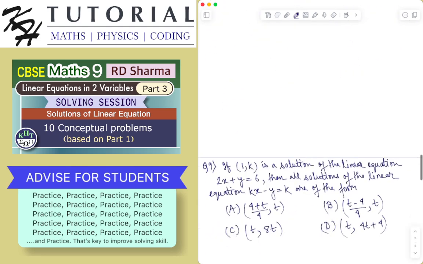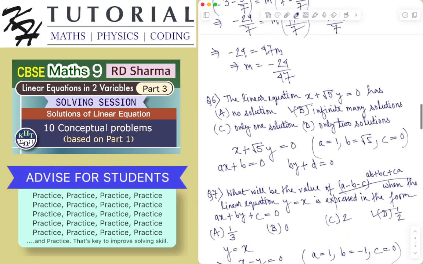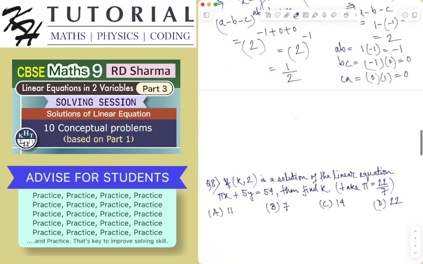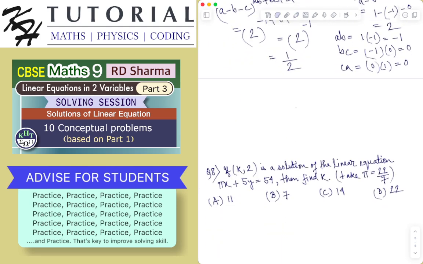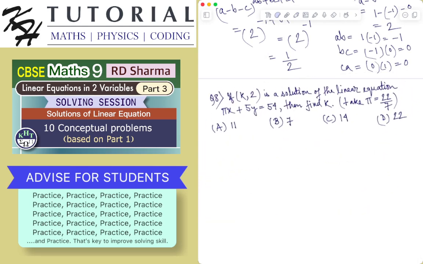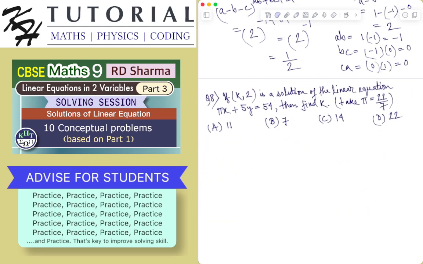Let's see the next problem. If k comma 2 is a solution of the linear equation pi x plus 5y is equal to 54, then find k. It's a pretty straightforward question. We have solved a lot of questions like this. So k comma 2 is a solution of the given linear equation.